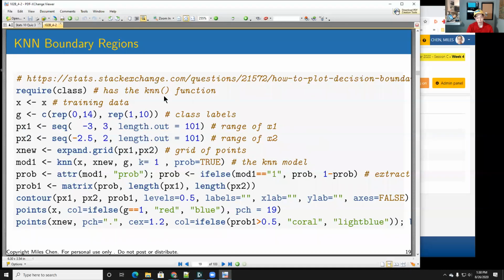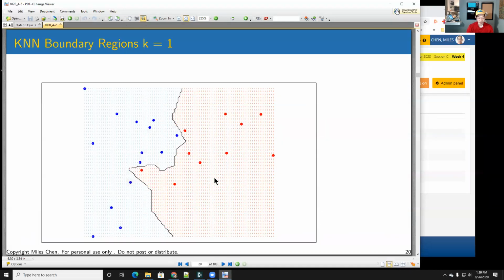I just used the knn function. We go through and test every single one of these points, and ask how this would get classified. And with k equal to 1, this is the boundary region that gets created. It's drawing a line between where the grid ends up getting classified as a red point versus a blue point.